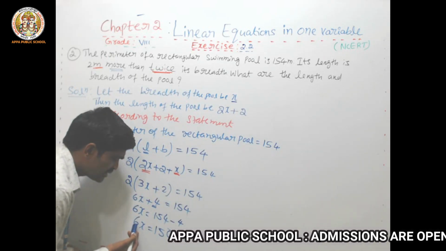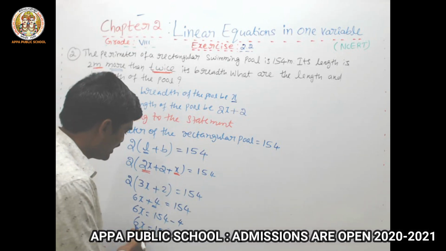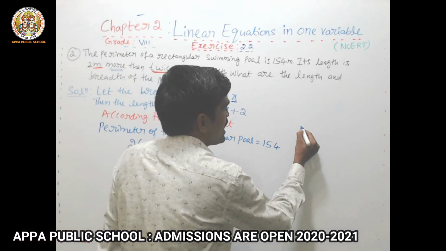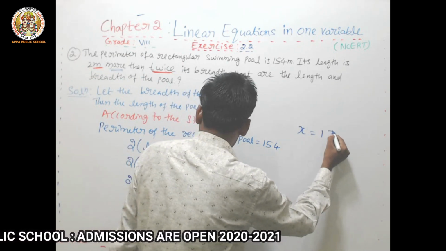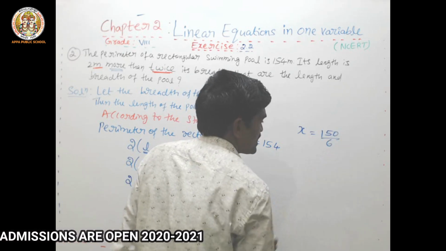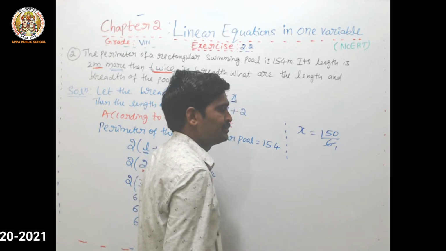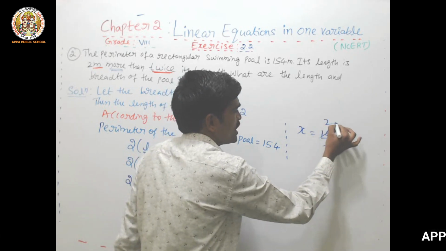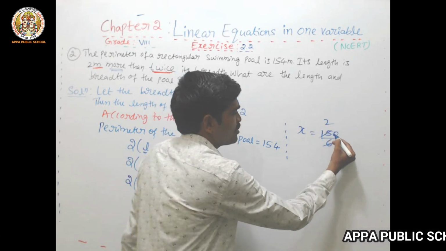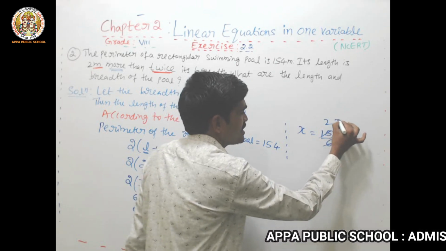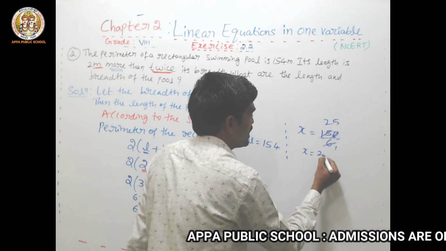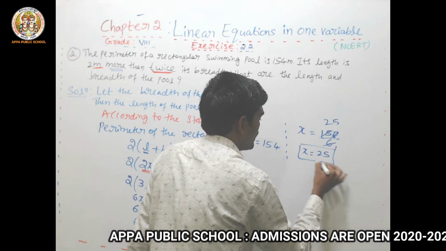When no sign is there, it means we have to go for 6 into x. You have to read it as 6 into x. That's why x is equal to 150 divided by 6. 6 ones are 6. 6 twos are 12. How much remaining? 3 remaining. 6 fives are 30. So x is equal to 25.